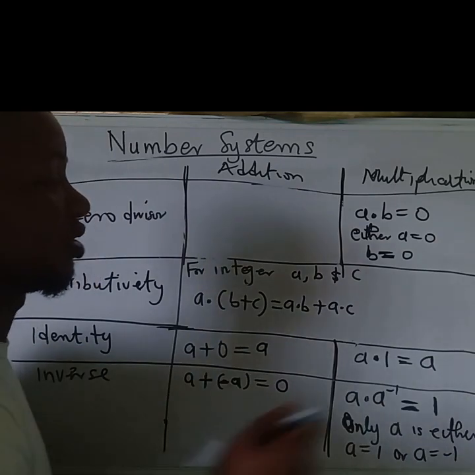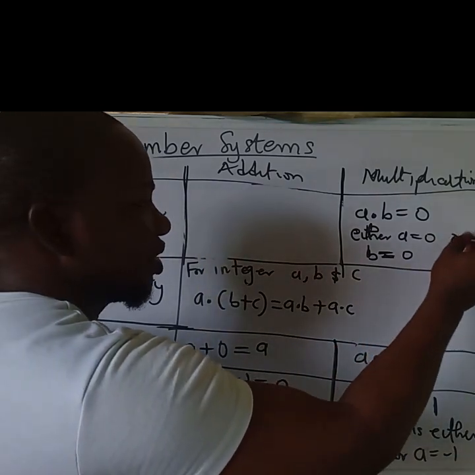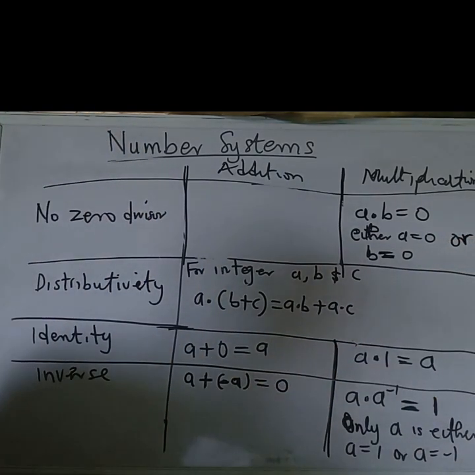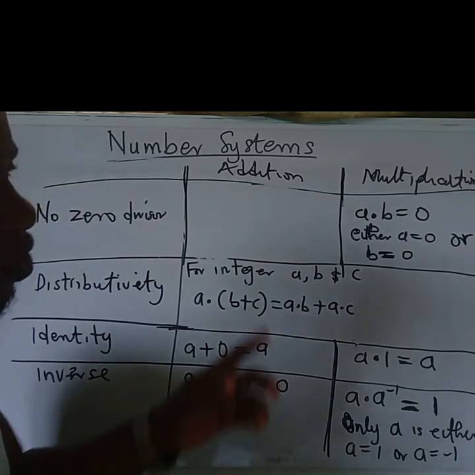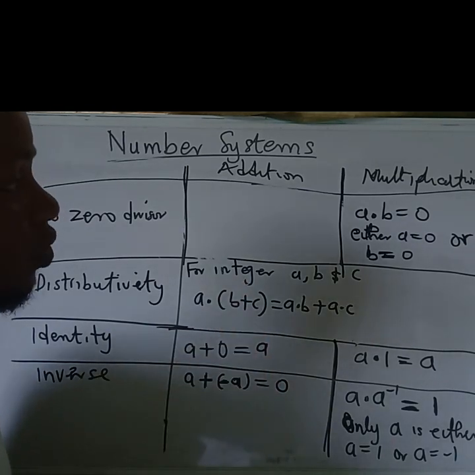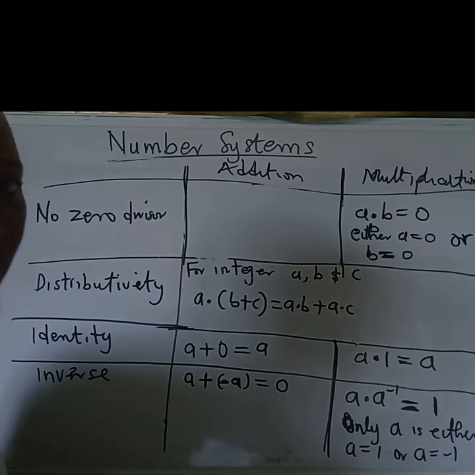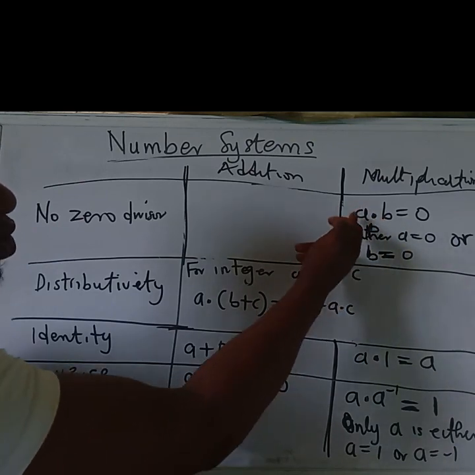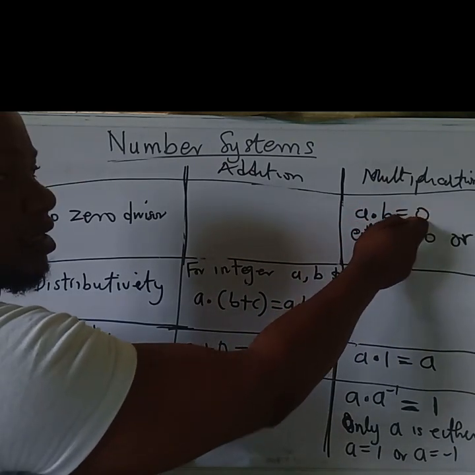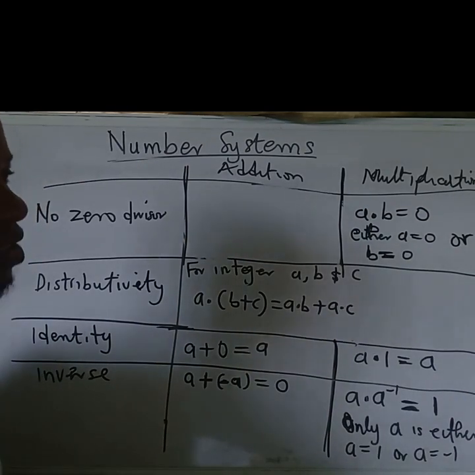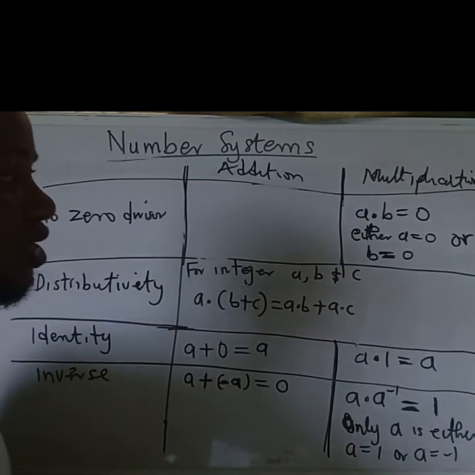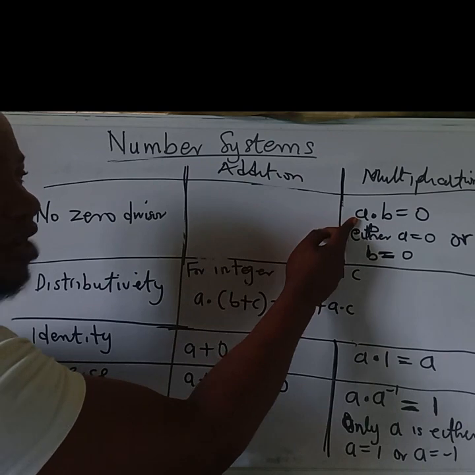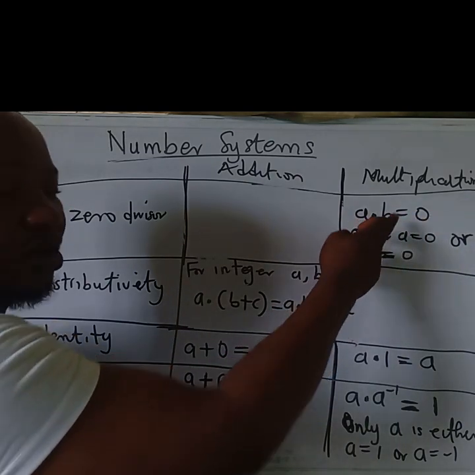This reminds me of the concept we use under the quadratic equation, when we are finding the roots of a quadratic equation. When I arrive at something like this, where you have two factors multiplying one another and they are equal to 0, here is the law that we use: either the first factor is 0 or the second factor is 0.